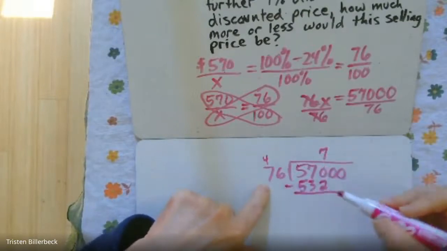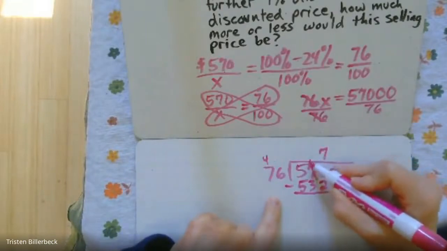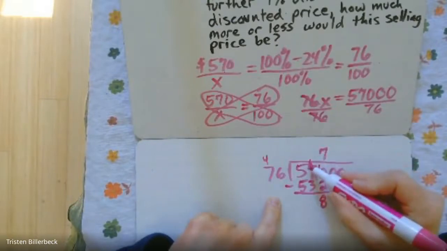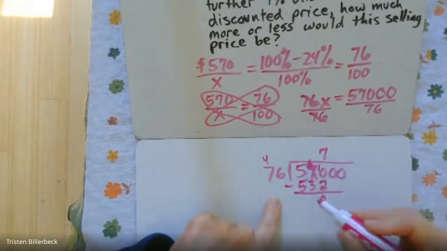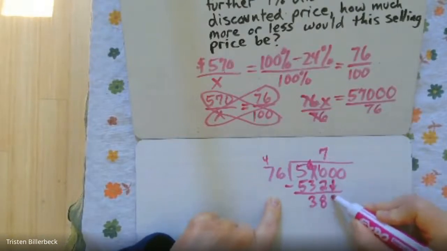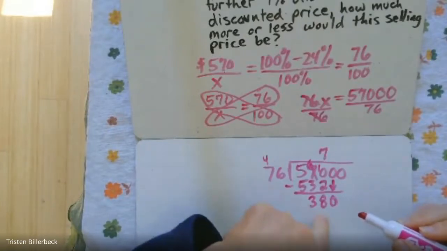When we subtract this, let's borrow one here, give it to that. So we have 8, and that's a 6. And we have 3. Drop 1 down. So how many 8s are in 38?